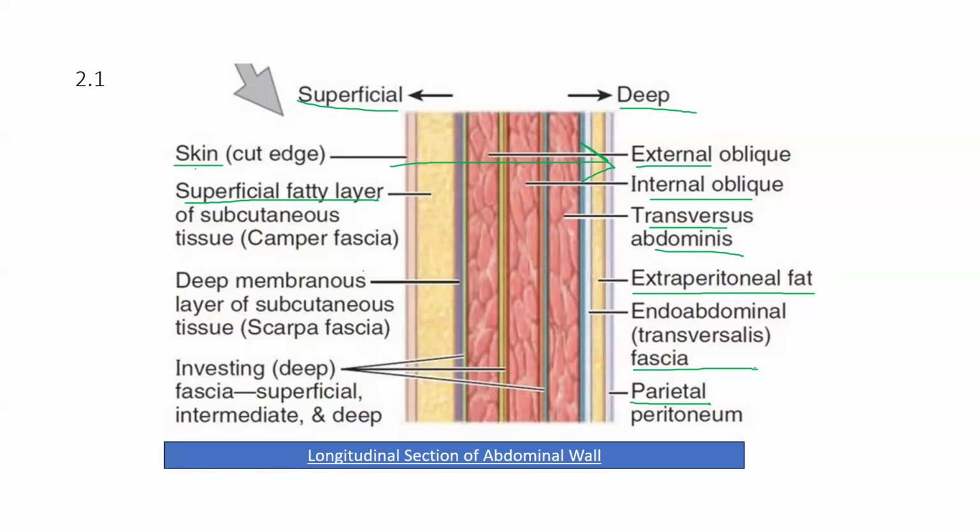If you know the three muscles, external oblique, internal oblique and transverse abdominis, you can draw them. If you can't remember the extraperitoneal fat and transversalis fascia, skip them and ultimately mark the last one, the parietal peritoneum. If you have marked at least four or five things, you will get some marks.